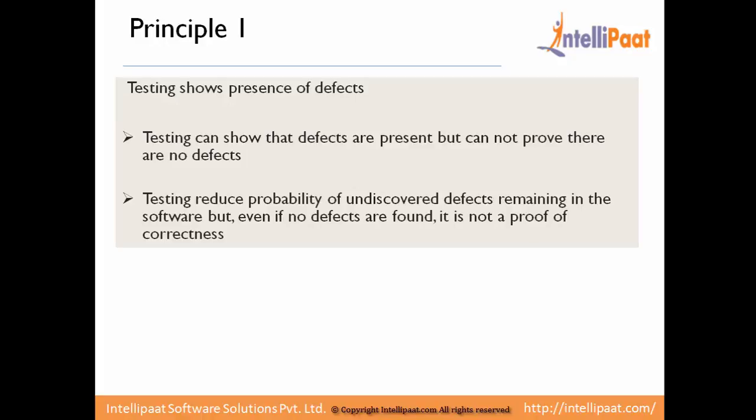Now, the second point within the same bullet says that testing cannot prove that there are no defects. In any way, there is no test strategy or step available which will prove that there are no defects. But if I rephrase this statement, testing can be concluded when there are no more obvious defects or no more defects that are identifiable.